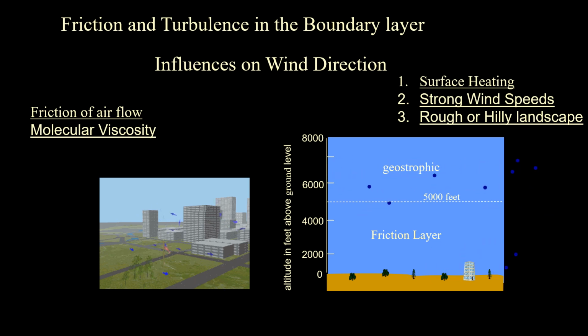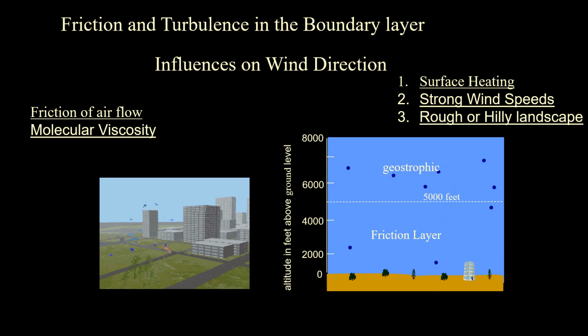Number three, a rough or hilly landscape. That roughness and hilly landscape produce strong mechanical turbulence. So when these three factors occur simultaneously, the frictional effect of the ground is transferred upward to considerable height.